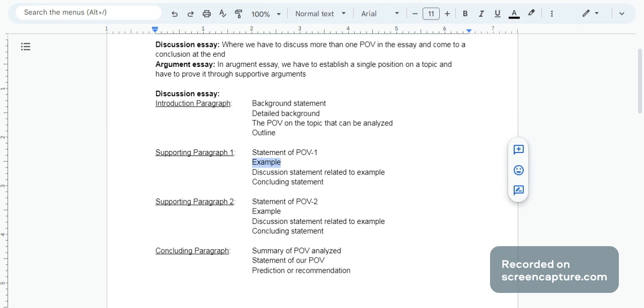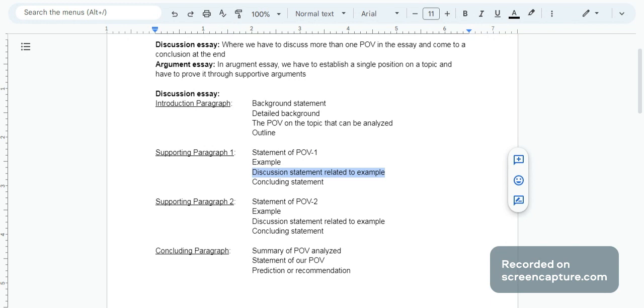Authorities love examples, so you must include an example which is related to your statement of POV. And third, your discussion statement related to the example means that you give the example and here you need to explain a little bit more about the statement.